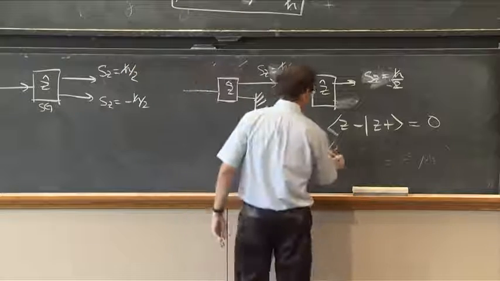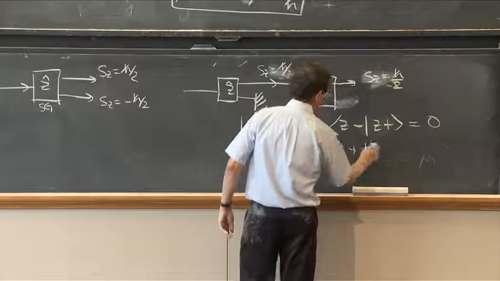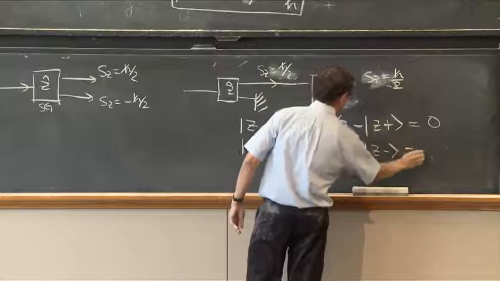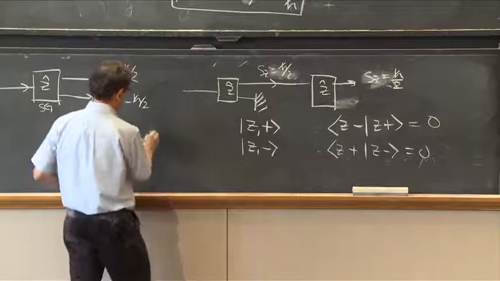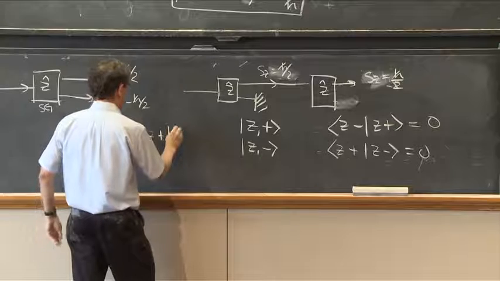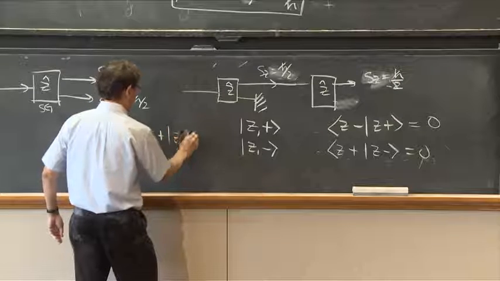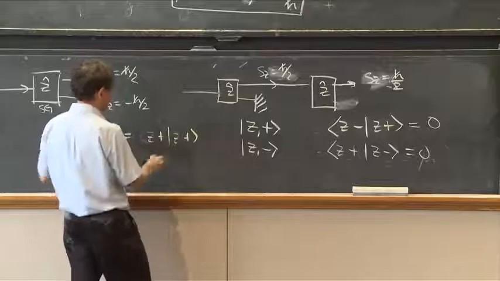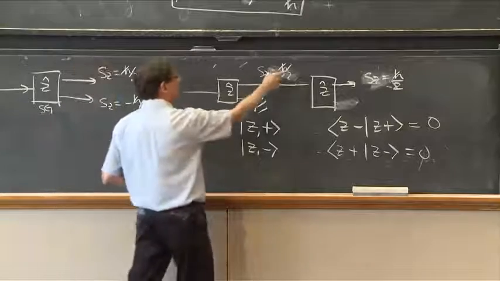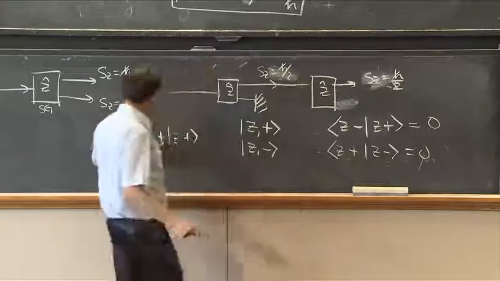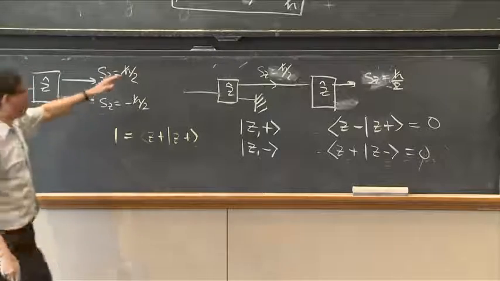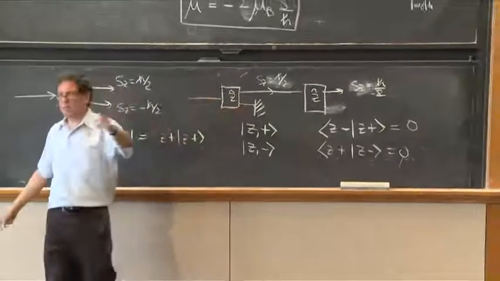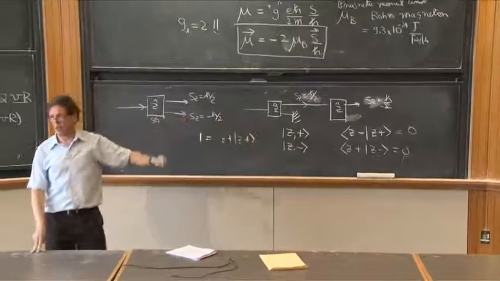And you could also do it this way. That would also be 0. And you could also say that z plus with z plus is 1, because every state that came in as a plus came out as a plus. They had perfect overlap. So these are two orthonormal basis vectors. That's what this seems to suggest.